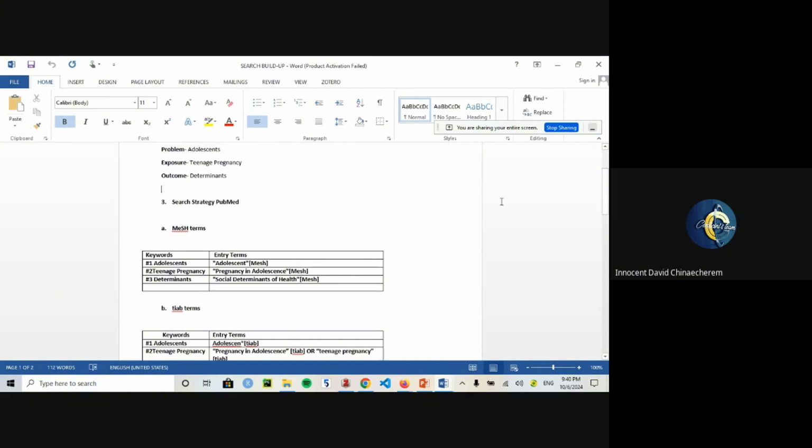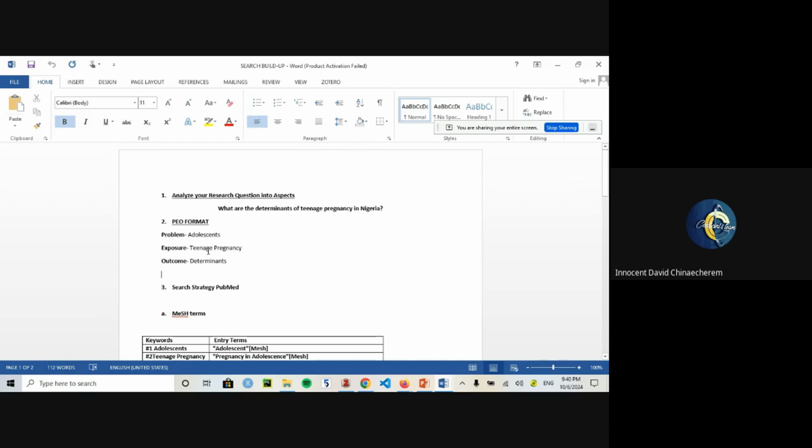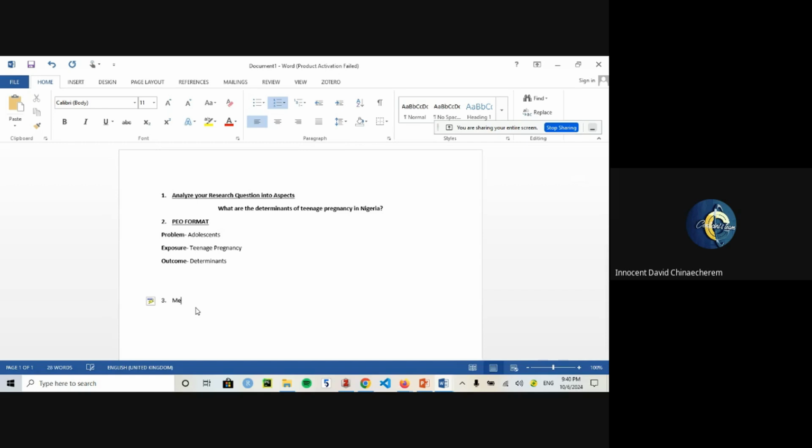So I'm going to explain how I literally did all this, right? So let me pick up this. I'm interested in this, like I said. So I'm going to come to the MeSH terms. So just a very short search build-up.